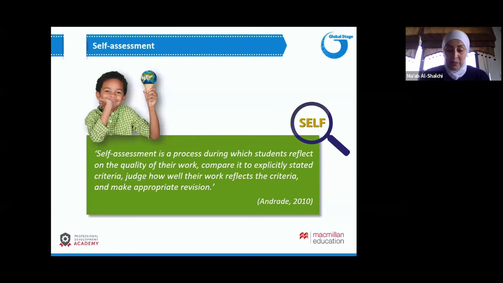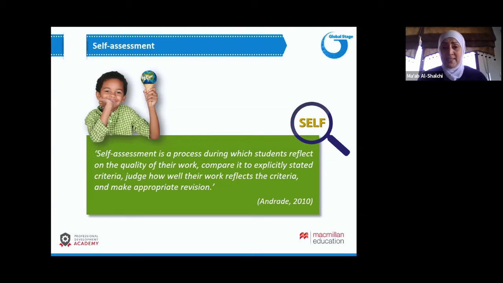Again, just like a few slides ago, when we had a certain criteria that we look up to and work on accordingly, this is what assessment is all about.